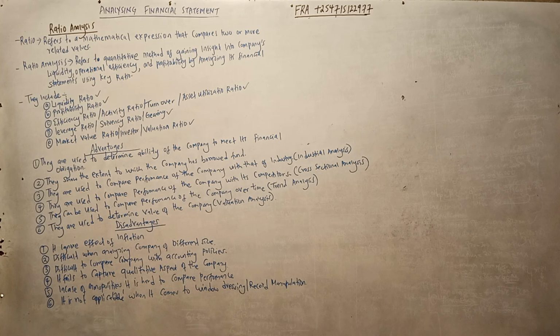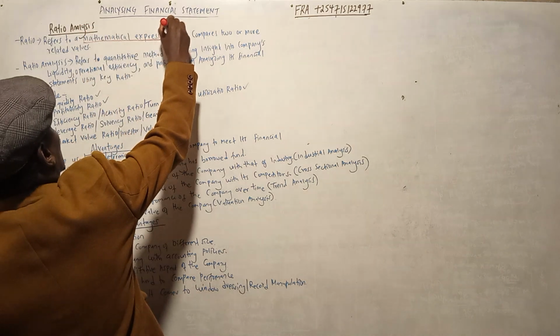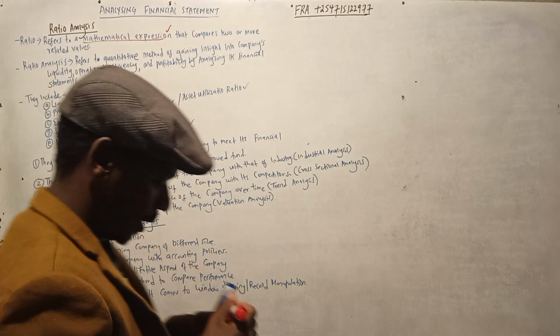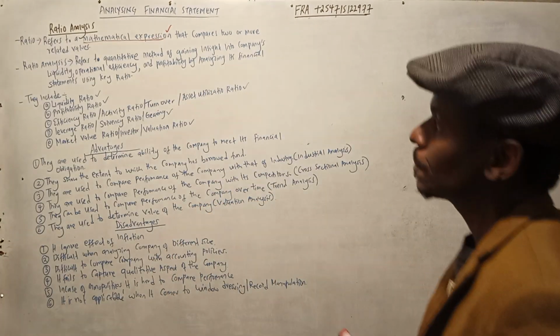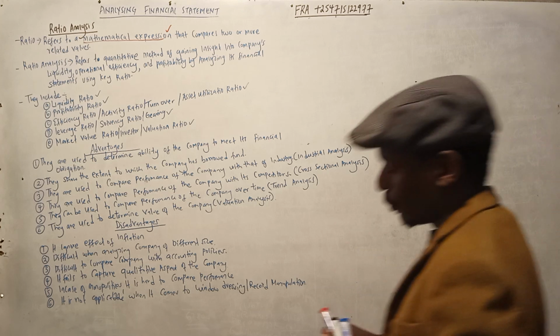Ratio analysis is just a mathematical expression that compares two or more related values. Ratio analysis is a quantitative method.